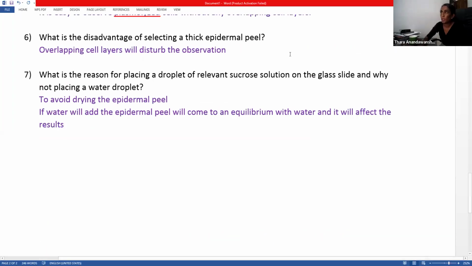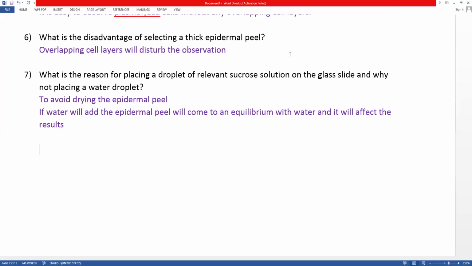All right. Now, what we are doing is we are preparing the slide and we are going to mount it in the microscope. Can anyone tell me what the procedure is? We have discussed this in the first practical. Where are you keeping the slide? On the stage. Then how do you secure it? Using stage clips. Then you will be turning which power lens? First, the low power lens.